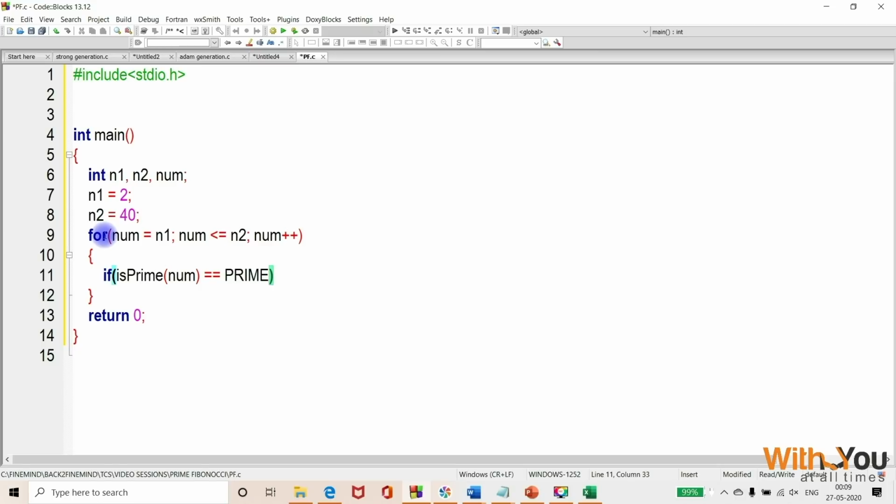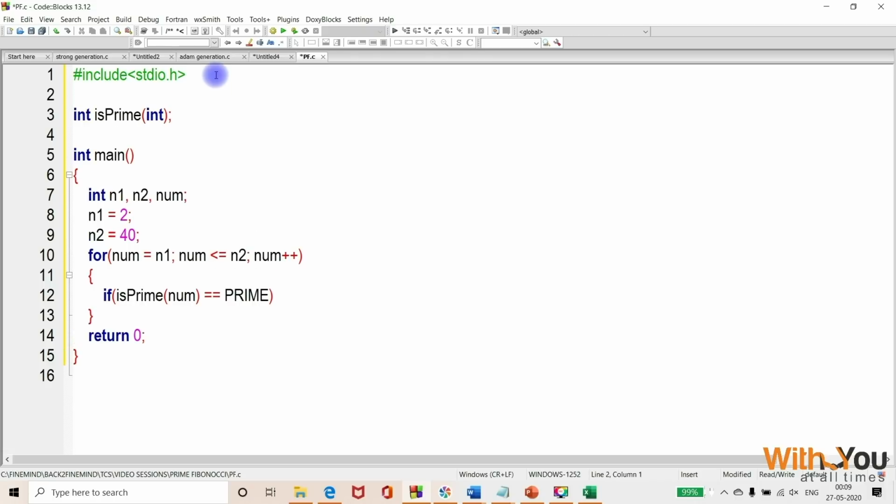So let us get this particular line number 11 stable. Let's go write a function, int is prime, and what is the parameter? Int num. So this is the function signature, and we have decided that he should give me prime. So what is this prime?